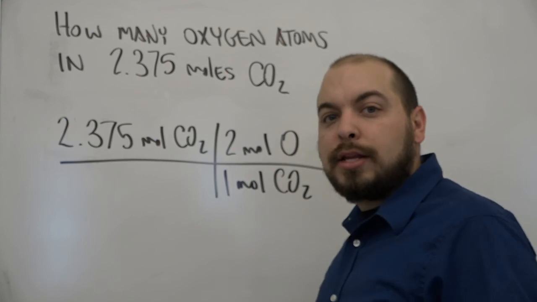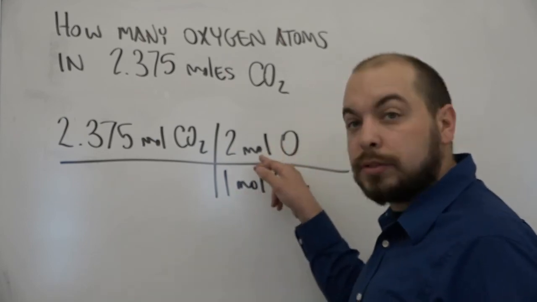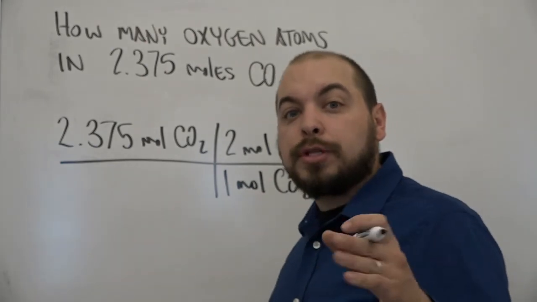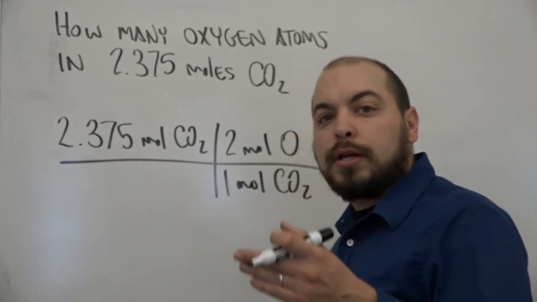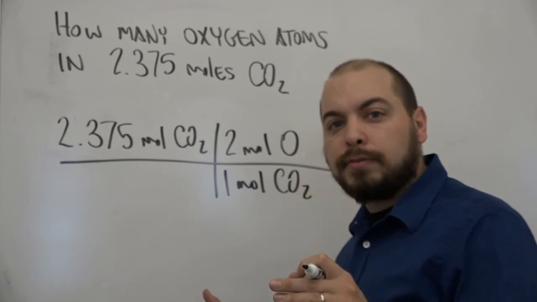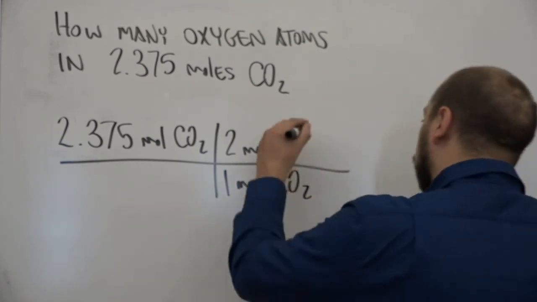Next step, we need to then use our conversion factor to go from moles of oxygen into atoms of oxygen. This is where Avogadro's number is going to come in. We want to convert out of moles and into atoms, which means we're going to multiply effectively by Avogadro's number.